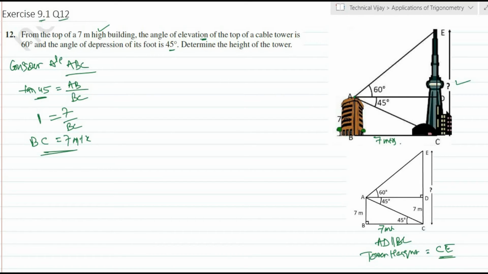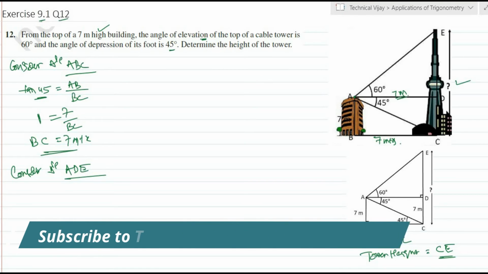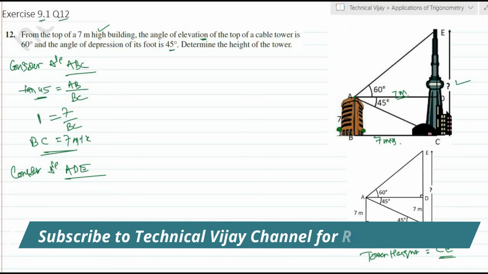Now we got this 7 meters. Here this is also 7 meters, because both are parallel and equal. Now we can consider triangle ADE. Here you see this is 60 degrees.